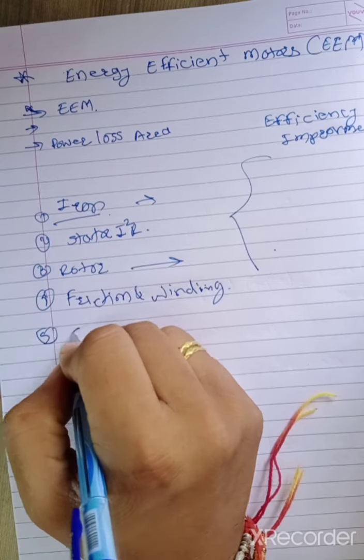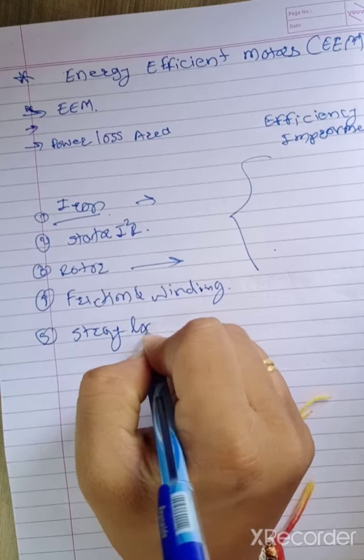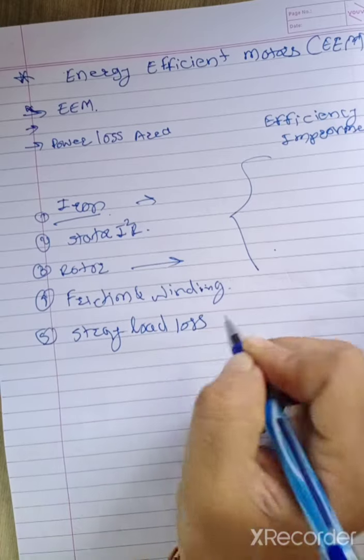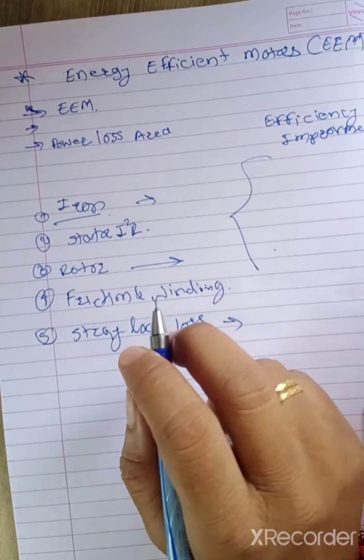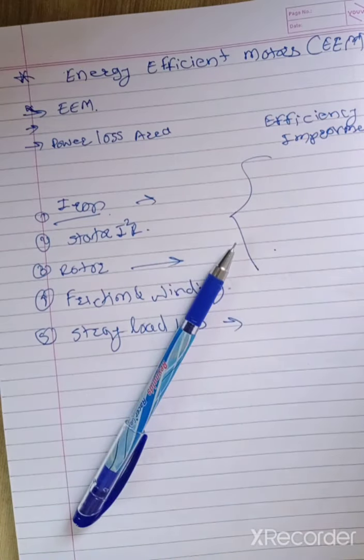And fifth one is stray load loss. Here in this stray load loss, use of optimized design and strict quality control procedures minimizes the stray load loss.